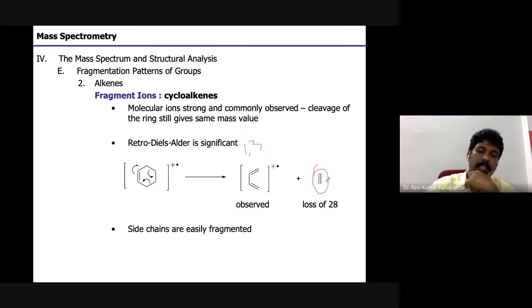And suppose on the cyclohexene you have some R group, and these R groups leave as radicals. That is one principle of the fragmentation guidelines which we discussed in the last class.